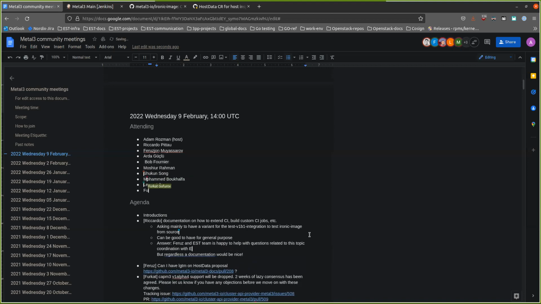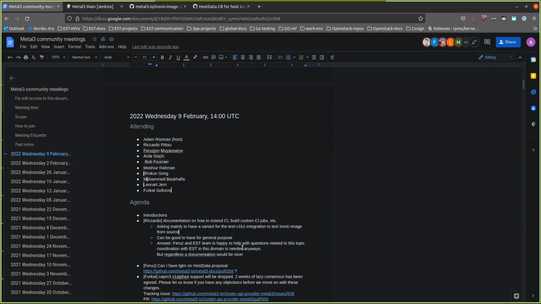But in this case, perhaps we could make it periodic, but with a longer frequency, or we could just create a job with a specific trigger phrase. And whenever you feel that now it's time to test this, either on a pull request or by triggering it from the Jenkins Web UI, you can do it either way.